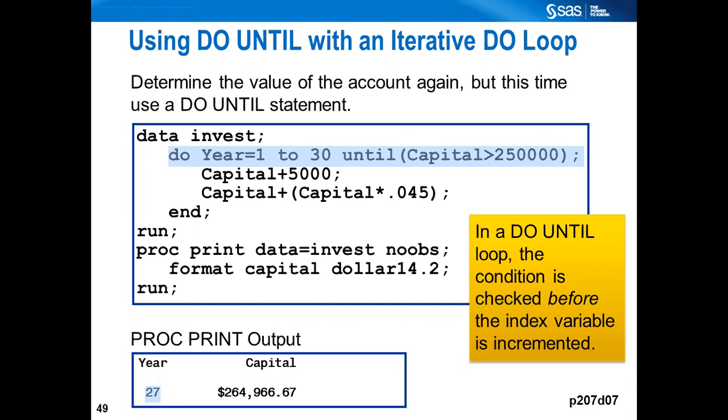But here, instead of getting incremented by 1 when it reaches year 27 and the capital is 264,000, it checks this condition. Now the condition is true. Hence it stops looping and will not increment your index variable year to the year 28.